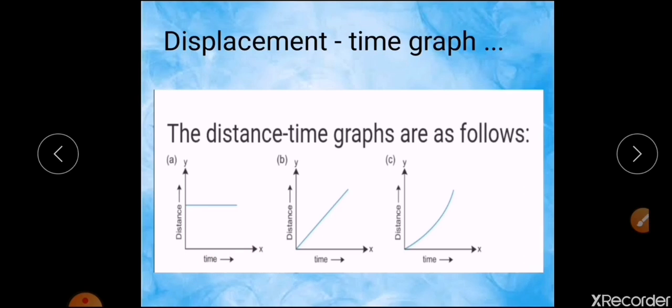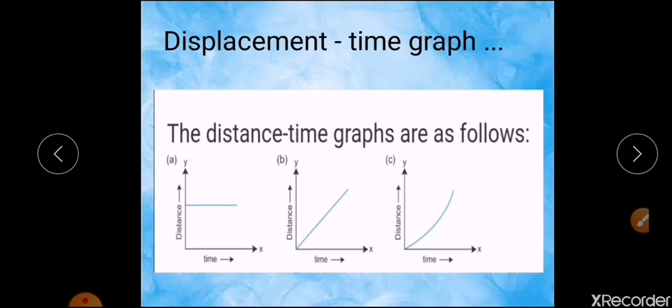Always remember, on your x-axis you are going to have time. Now coming back to the graph, see the second graph. You are getting a straight line inclined to your x-axis. It means the object is moving with a uniform velocity. In your third graph, you are getting a curved line. So this means the object is moving with non-uniform velocity.